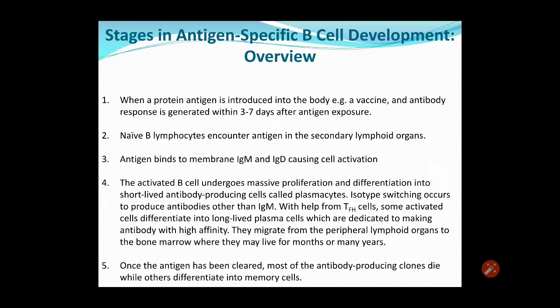Now the thing is that when they see antigen in these lymph nodes, if they get help from T cells, they can then switch from making IgM to IgG, IgE, whatever, depending on the T helper cell that's been exposed to the same antigen in that site.